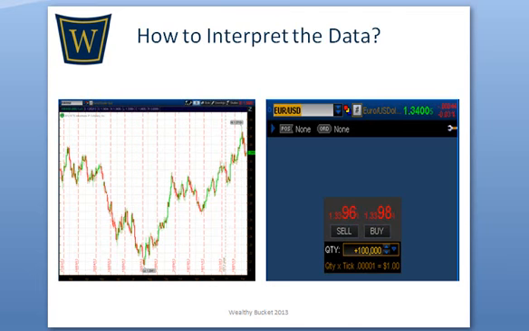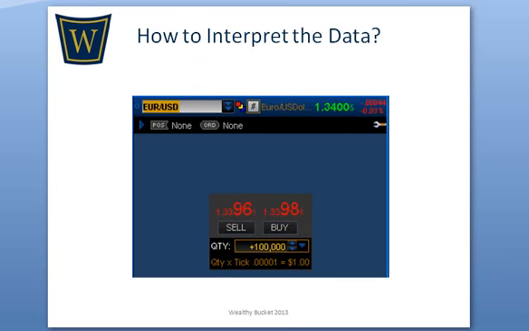Now, how to interpret the data. For the next 2 slides, we will illustrate how an investor can interpret this data. We will be using the Euro-US dollar currency pairing for our example. When an investor buys this pairing, they are expecting the euro to appreciate against the US dollar. For example, the investor can purchase 1 euro, which during the time of this recording had a value of 1.3398 US dollars.